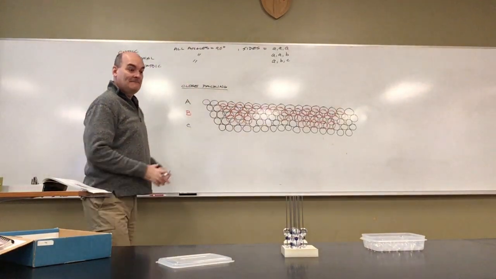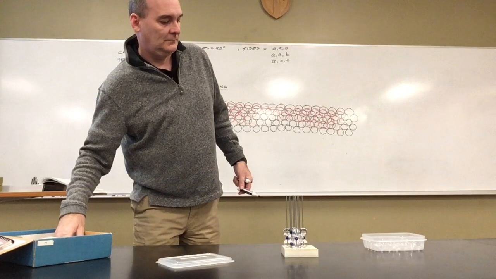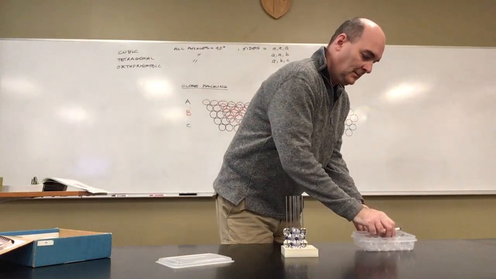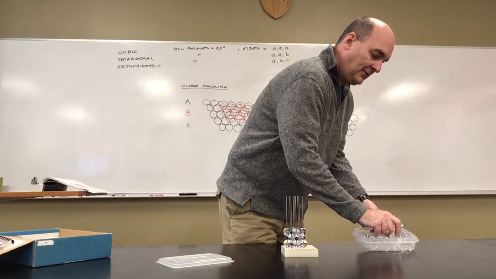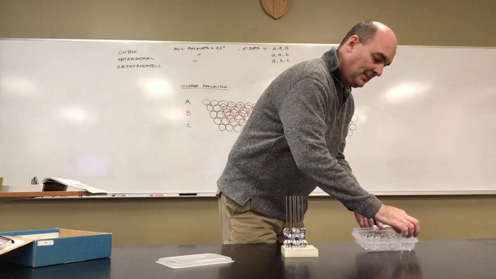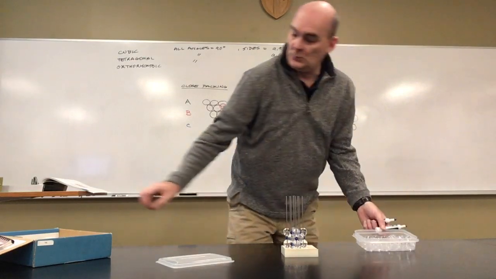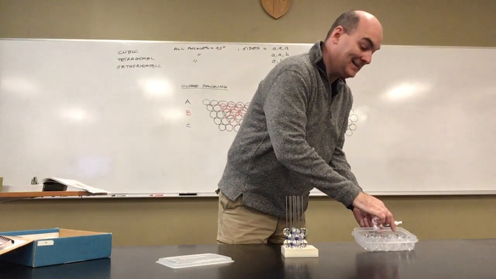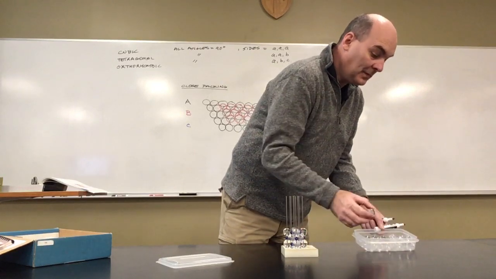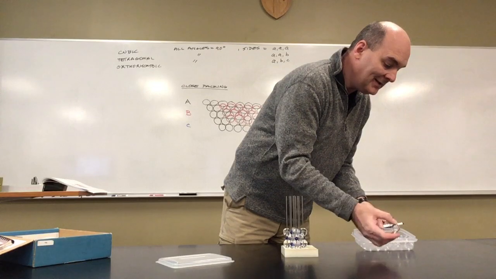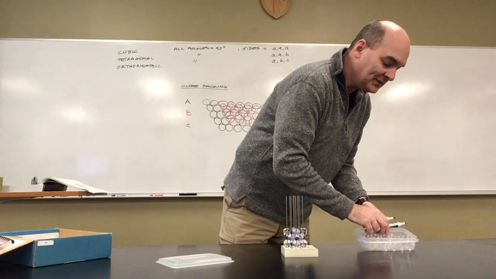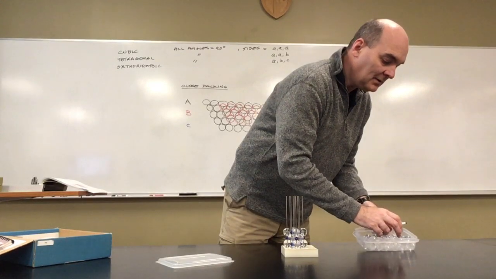Yeah? So here's enough of this layer that when my next layer goes in, it has to sit in the dimple. And if I look immediately underneath this layer C, what do I see? Layer A.